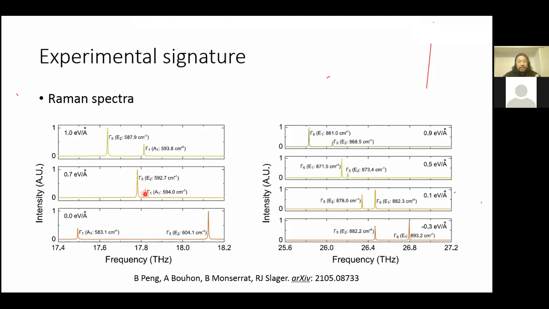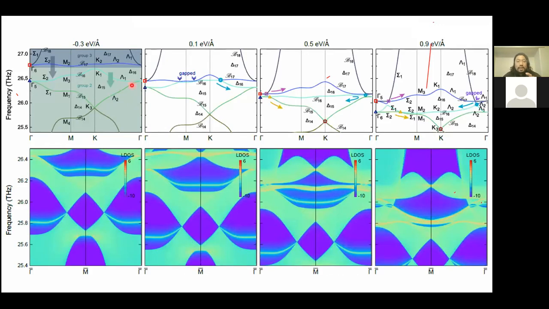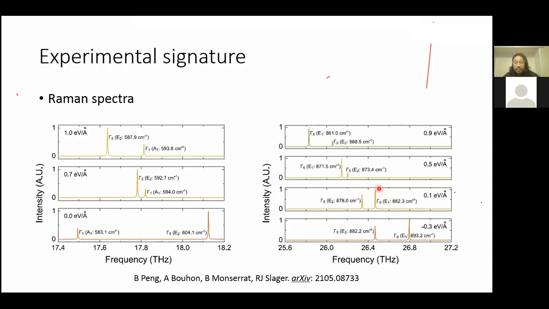So we can observe this band inversion process by Raman signature. And similarly, for this braiding of the 4 bands in the 2 groups, there are also these two Raman modes that can be inverted with each other. So we can see two different peaks with different intensity will change their position, and the braiding process can just be observed by the Raman spectrum.